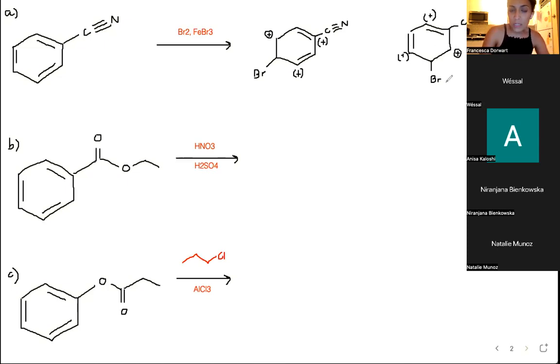Which of these is better and why? This is what I would expect you to be able to do. Does that make sense? Can anyone briefly explain to me which one of these is better and why? Use the terms meta and para if you can, which you should be able to.